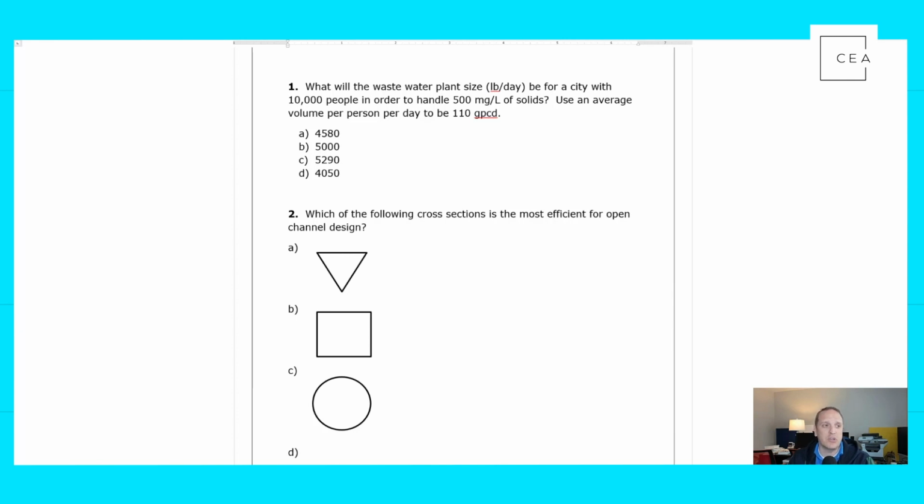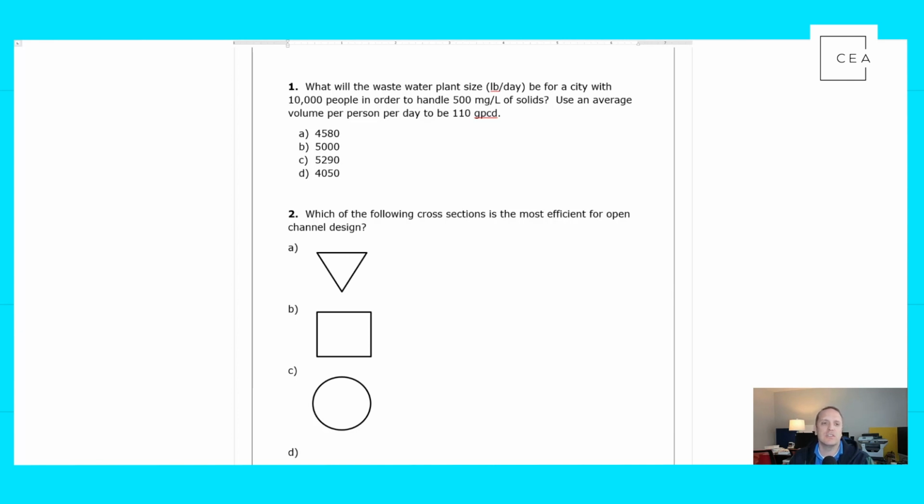You also have to use a conversion as part of this. That conversion is 8.345 pounds per million gallons per 1 milligram per liter.